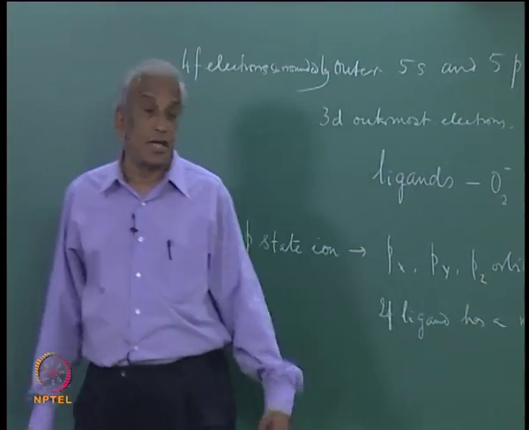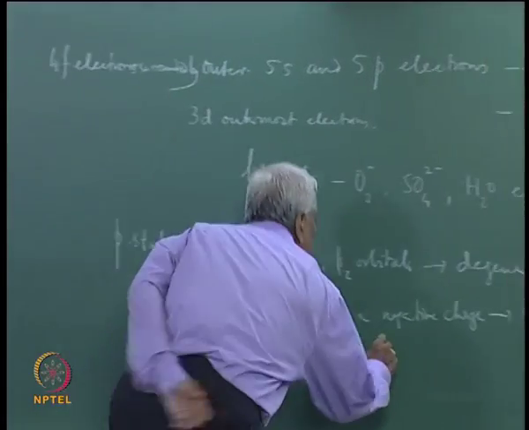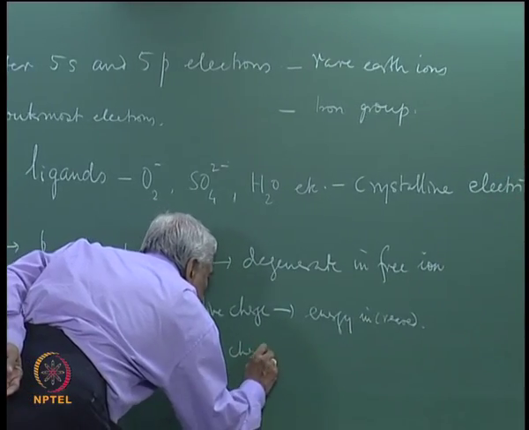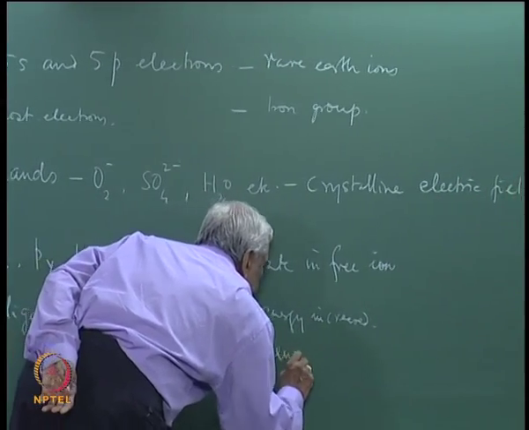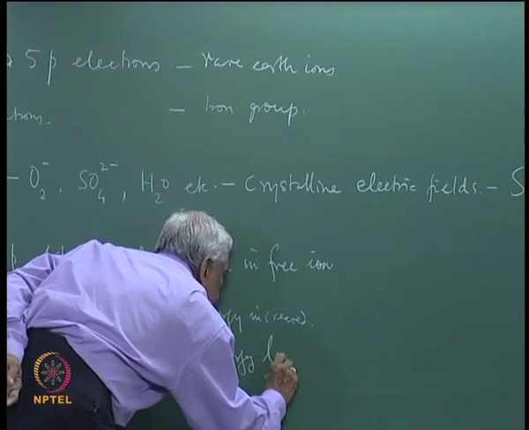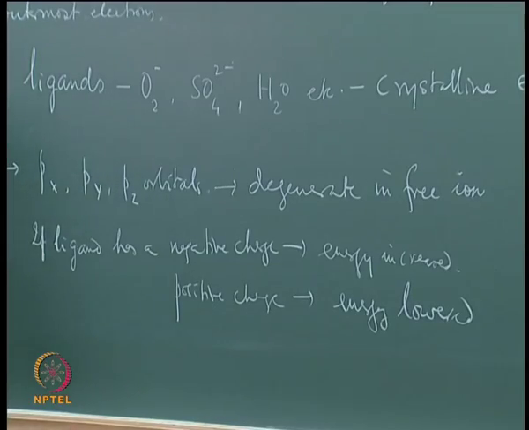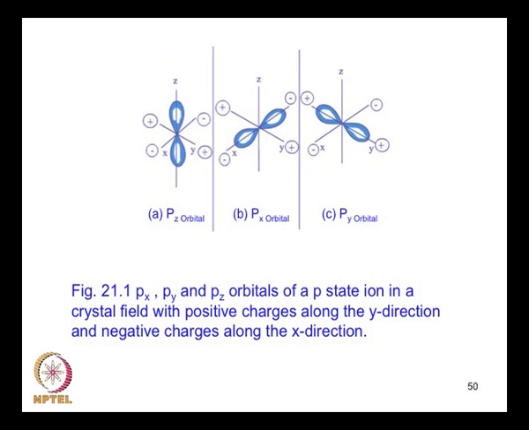Obviously, if it is a positive charge, the energy will be lowered. And if there is no charge or it is neutral, then nothing will happen to the energy. So, if you consider the orbitals shown in the figure, one finds that the py orbitals have positive charges. So, the py orbital will get lowered.